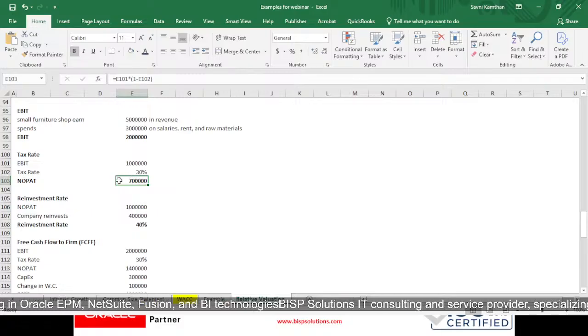So this means tax reduces profit, and using it helps us estimate actual free cash flows that can be used for growth, reinvestment, or paying investors, right? A company with tax saving investments or subsidies might have a lower tax rate, giving it more funds for expansion, right?